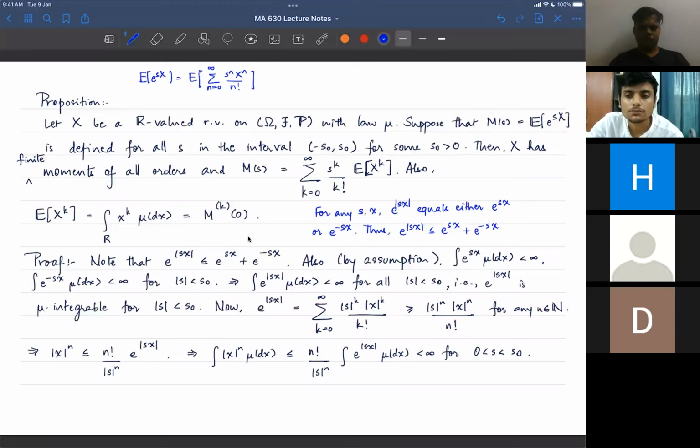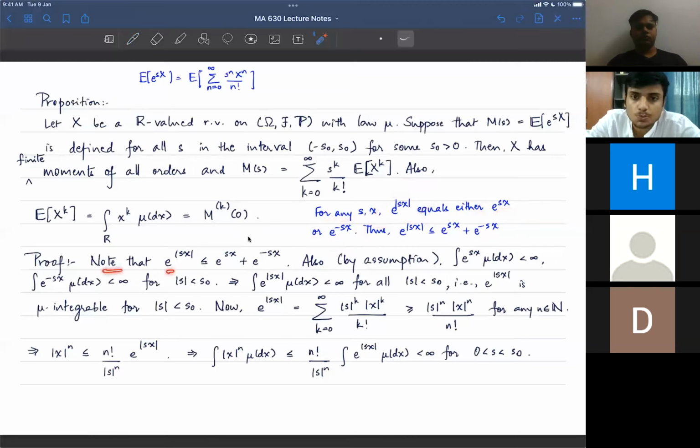That's not a perfect analogy, but that's what I'm saying here. This quantity takes either this value or this value. So of course, one thing that is true is that this is less than or equal to the maximum of these two. Agreed. That is also true. But another way of saying that is that this is less than or equal to the sum of these two. So that's what we're doing here.